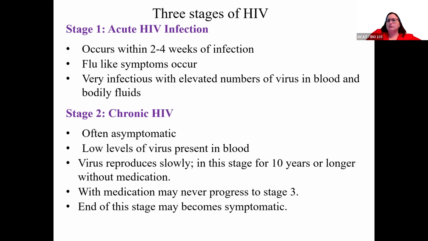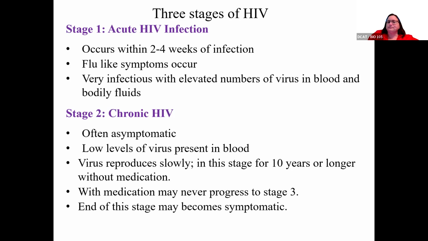So the virus reproduces very slowly. And this stage can take 10 years or longer without medication. Okay. So if someone doesn't know that they have it and they're not on medication, then they can stay in this stage for about 10 years or longer.